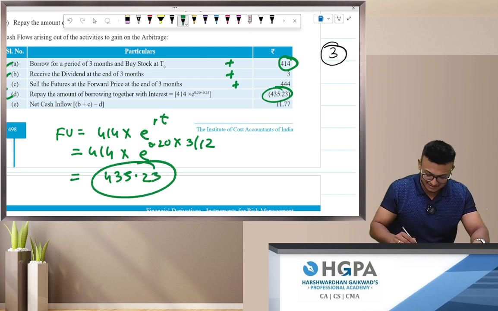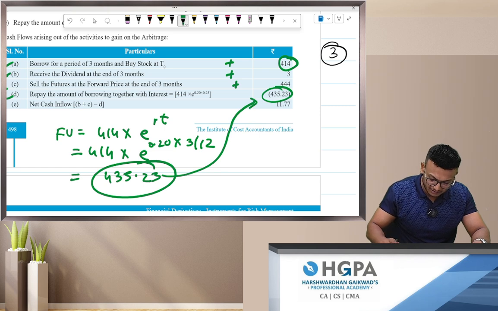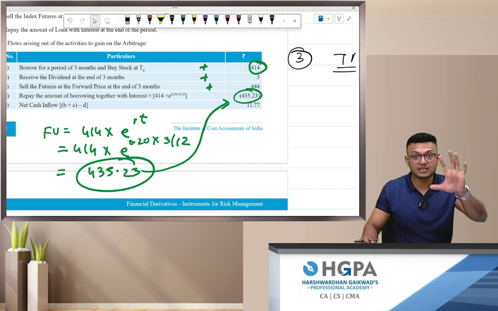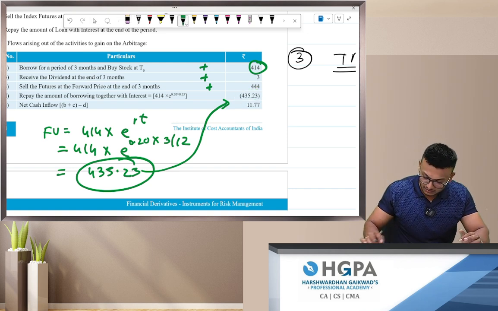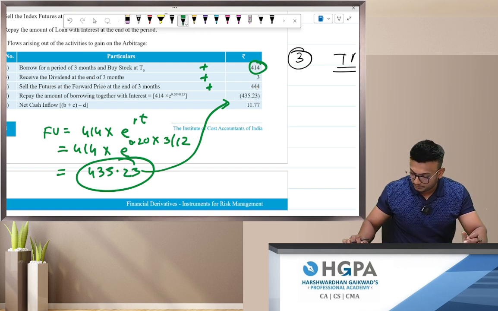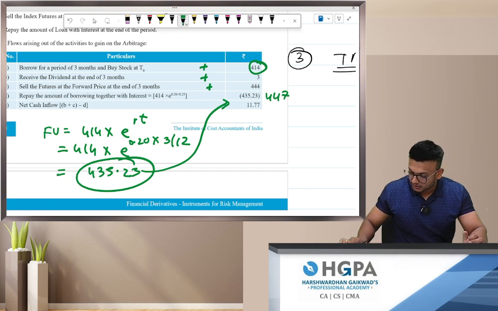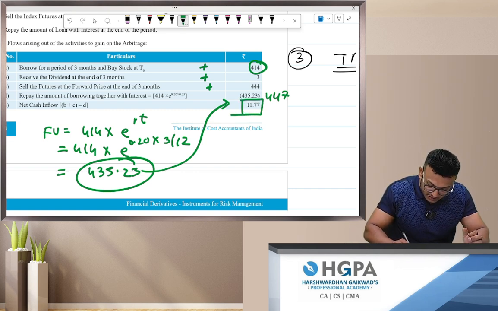The moment you get this, you tell me one thing: how much is your total inflow? Sir, 444 plus 3, 447, minus 435.23.